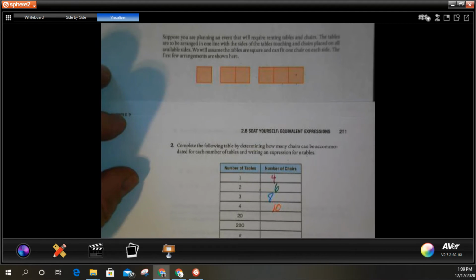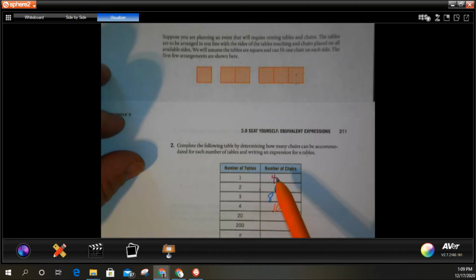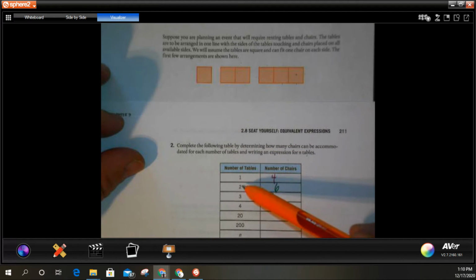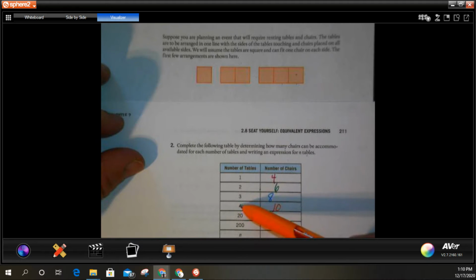It seems like I'm just adding two when I add one more table. Or here's an even better way of doing this. Let's see, if I multiply this by 2, 3 times 2 is 6, and I add 2, I get 8. 4 times 2 is 8, add 2, I get 10. 20 times 2 is 40, add 2, I get 42. 200 times 2 is 400, add 2.